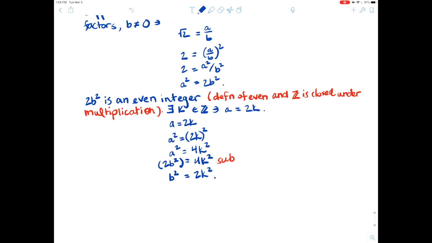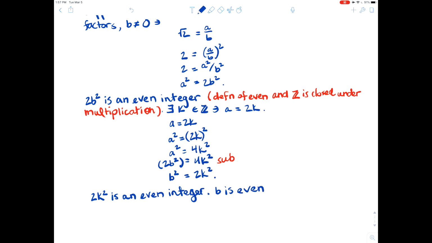And 2k squared is an even integer, for the same reasoning we had before. So b is even.